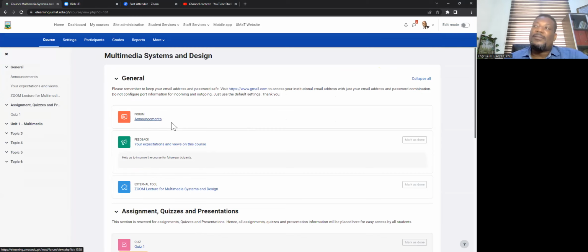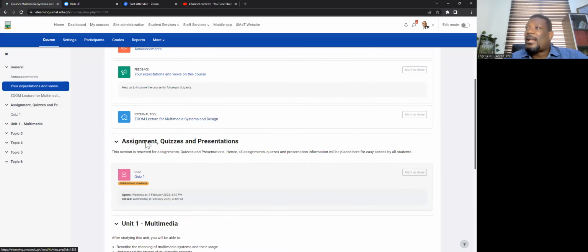If you have a question, you can put it in the forum. If any of your colleagues come in there to answer the question, the person gets a mark. So if you don't understand anything, I expect you to put it in the forum. You can create a question in the forum, and any of your colleagues who answers that gets a mark. I'll give a mark to that person. And at the end, this is the feedback. I expect you to give your views of the course later on.